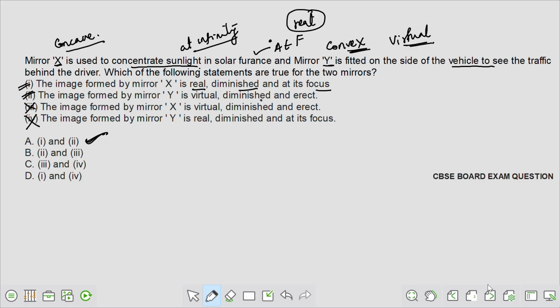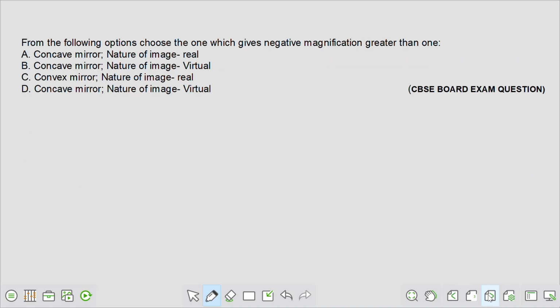Now let's move forward and see another question. From the following options, choose the one which gives negative magnification greater than 1. Here I have given two clues: one is that magnification is negative, and the second is that magnification is greater than 1.